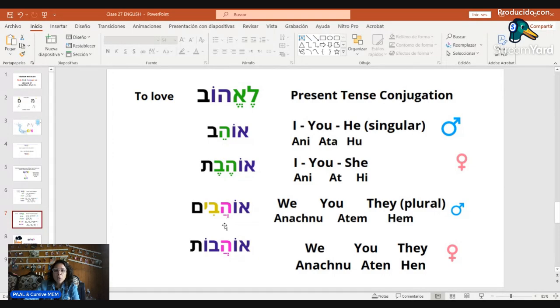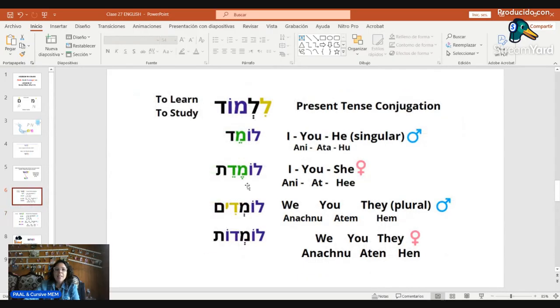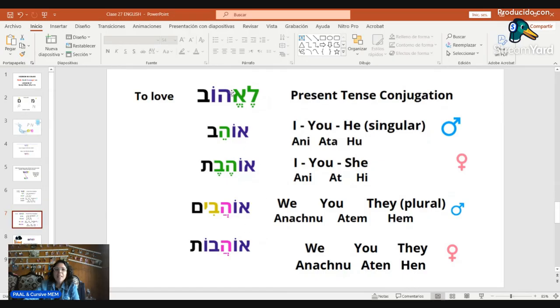In study, the shoresh letters are not guttural, so it will not affect, and it will be shva and shva. But here the second letter is guttural, so the nikud changes.